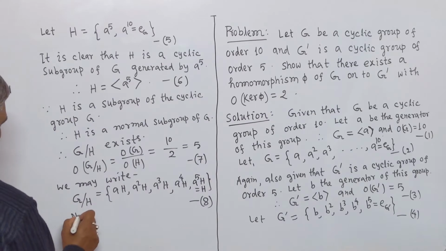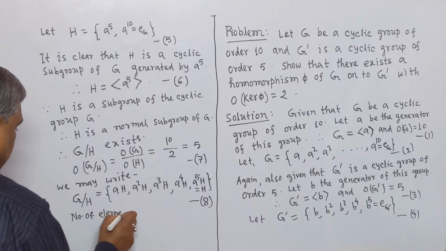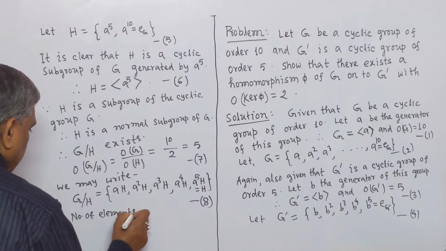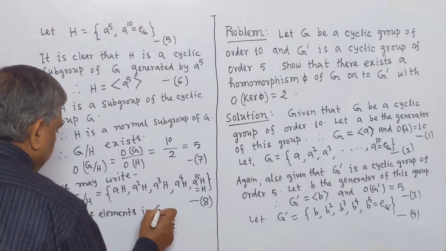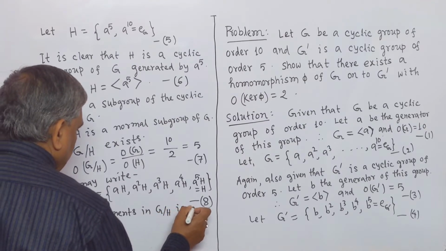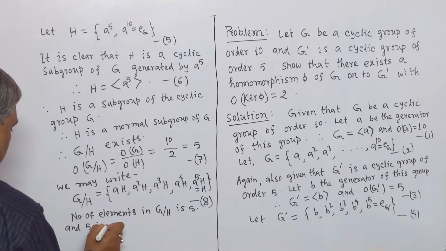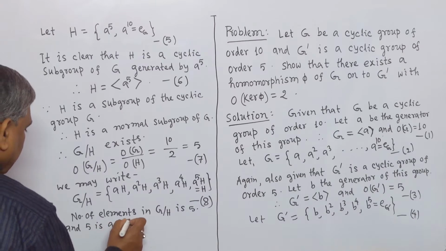Number of elements in quotient group G by H is 5 and 5 is a prime number.